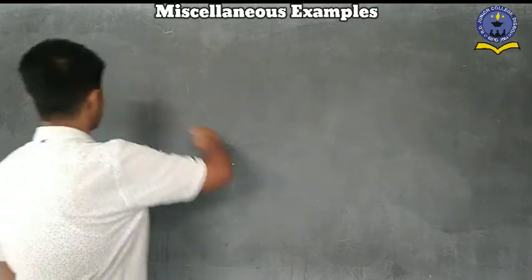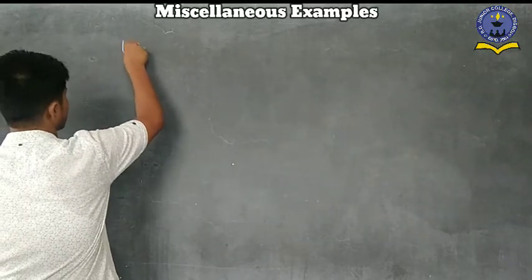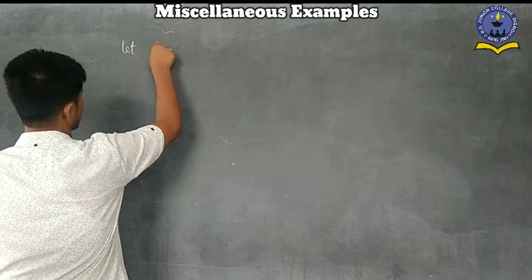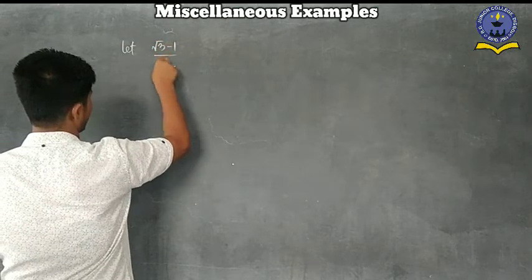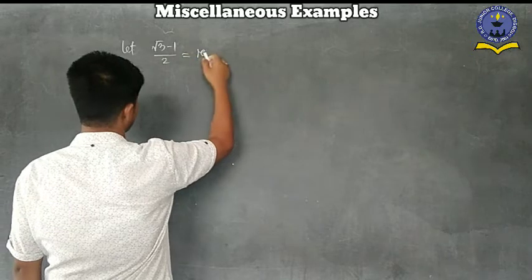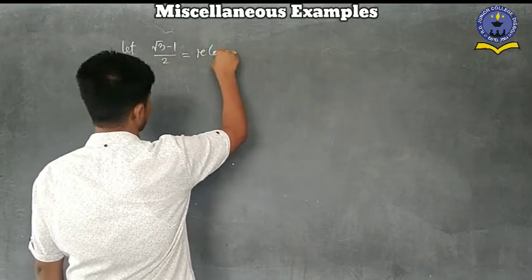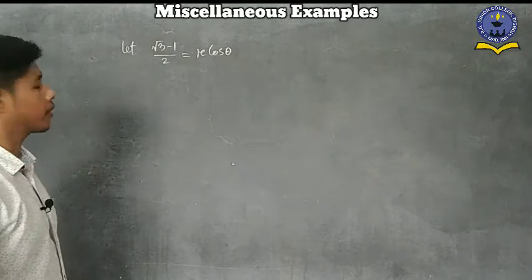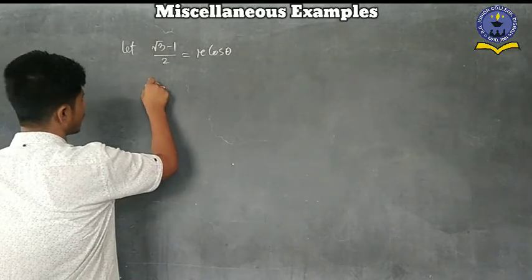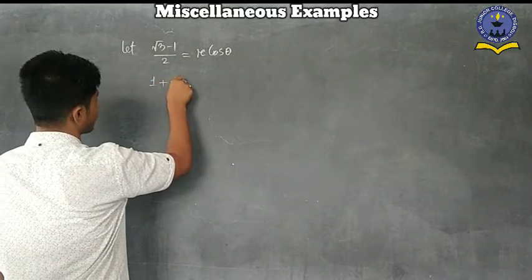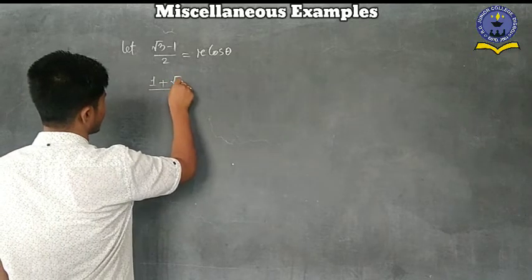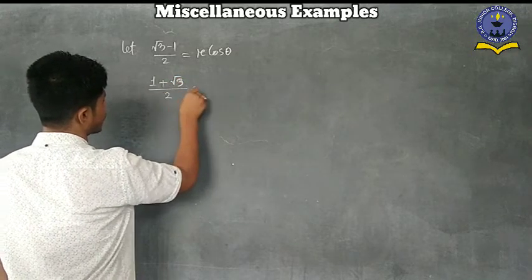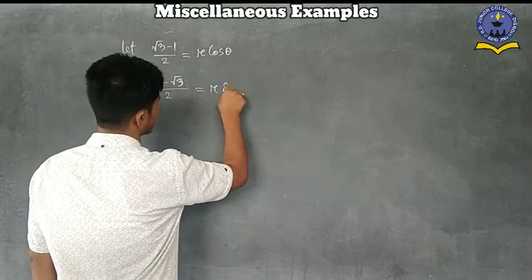Okay, let's see next. So now let the first result, root 3 minus 1 divided by 2, equal to what you have to consider? r cos theta, or simply you can write r cos theta equal to root 3 minus 1 divided by 2. And the second one here we get 1 plus root 3, or root 3 plus 1, whatever you write, 1 plus root 3 divided by 2 equals r sin theta.